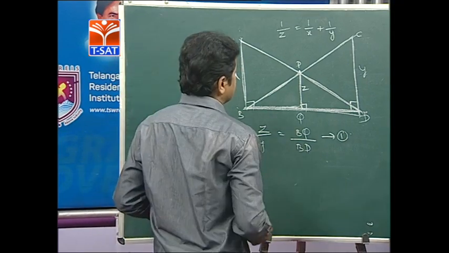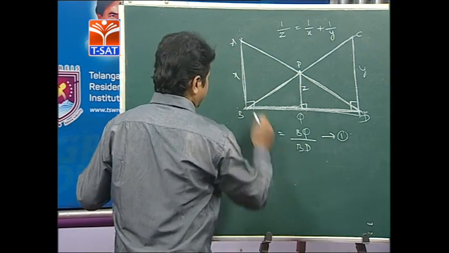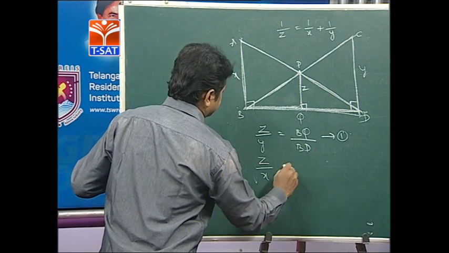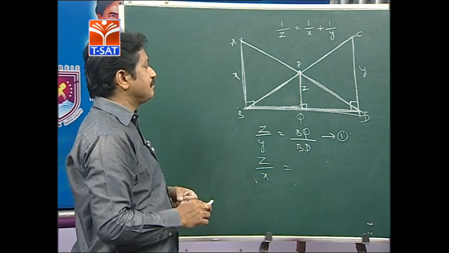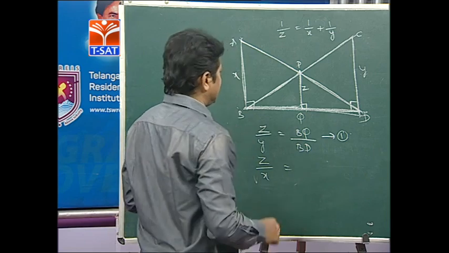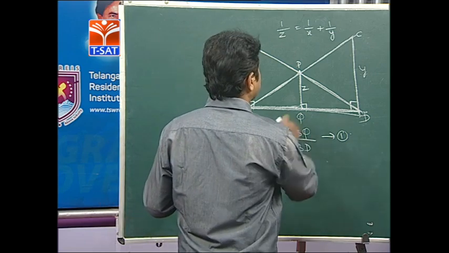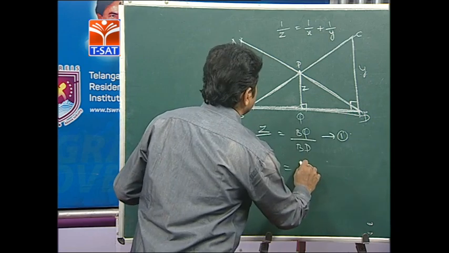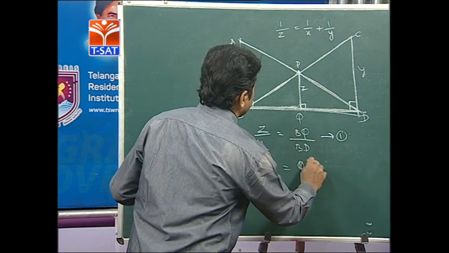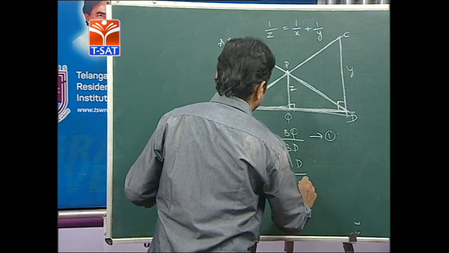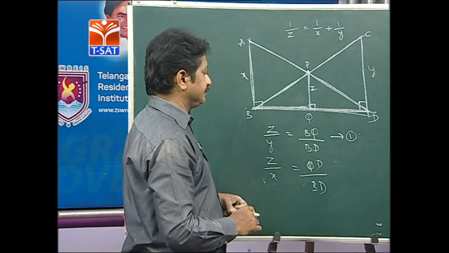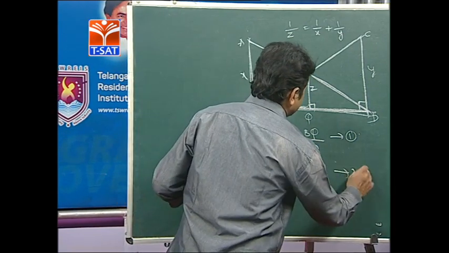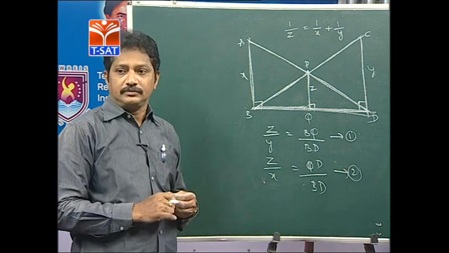When these two are similar triangles, you can say Z by X, this is very important. So previously you had Z by Y, this is simply QD by BD, QD by BD is number 2, correct?